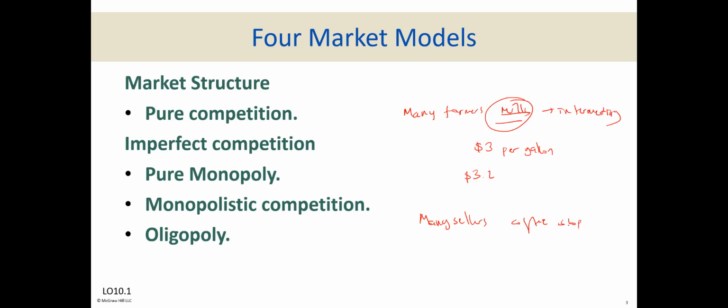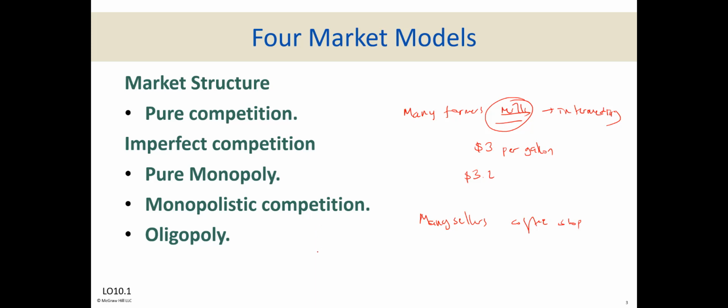They're selling coffee, but the coffee is not the same because the menus could be different from one coffee shop to another. For that reason, the owners of the coffee shops, by differentiating their menu, are actually charging different prices for their menu items. That's why they have some control over prices, and that's called monopolistic competition.